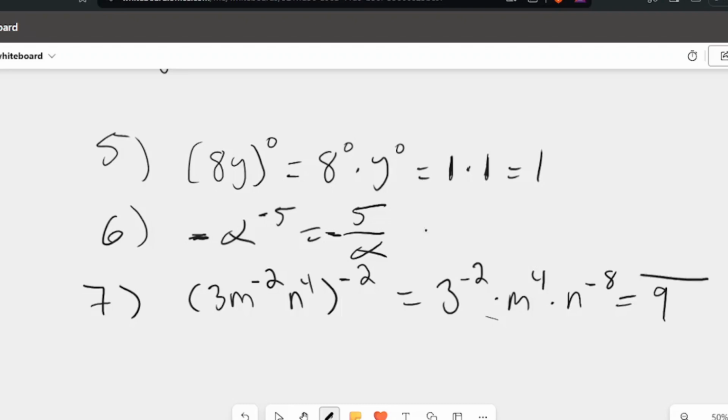Our numerator would pretty much live right here, so it would live upstairs, and then n to the power of 8, and pretty much like that.